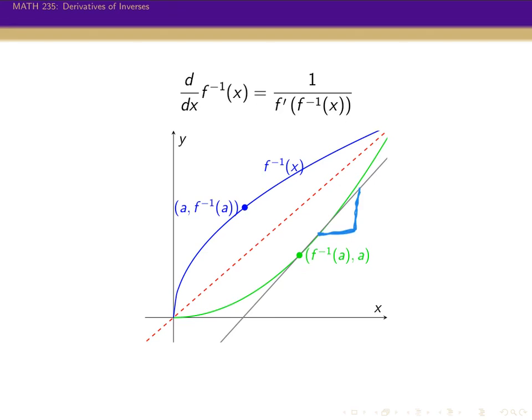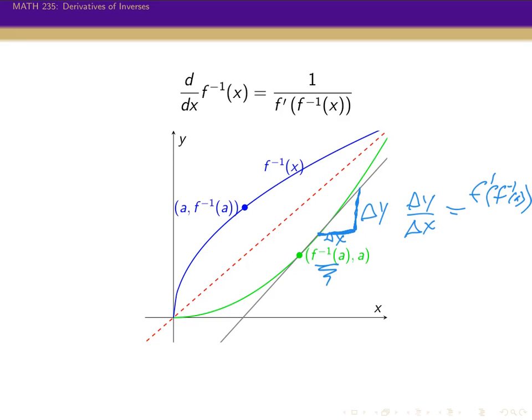And so the slope here, the change in y divided by the change in x, well, this is going to be the value of the derivative at this x value. And so that is f prime of f inverse of a stuck in there, right?